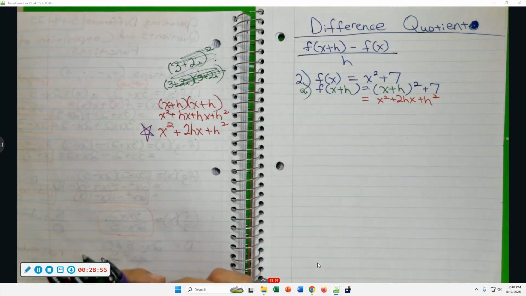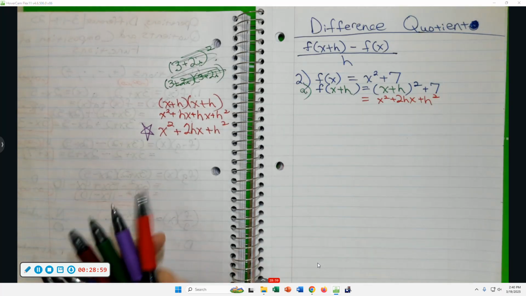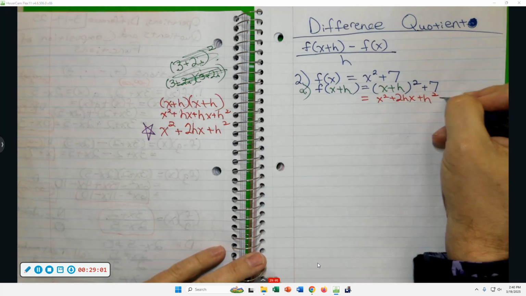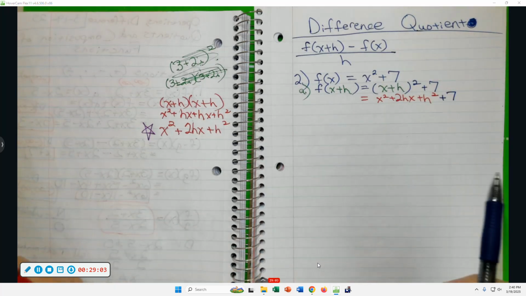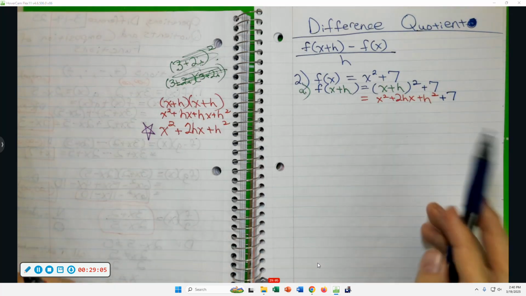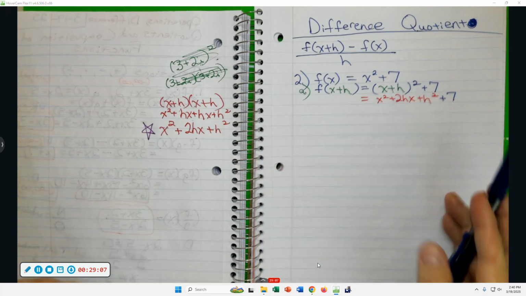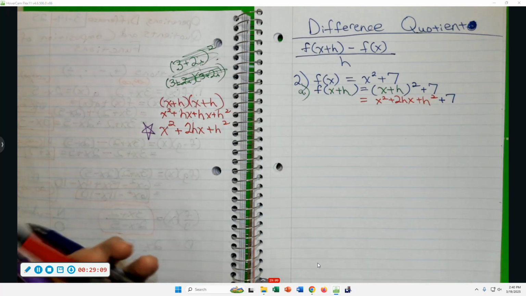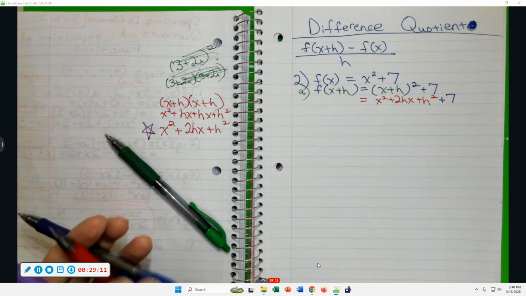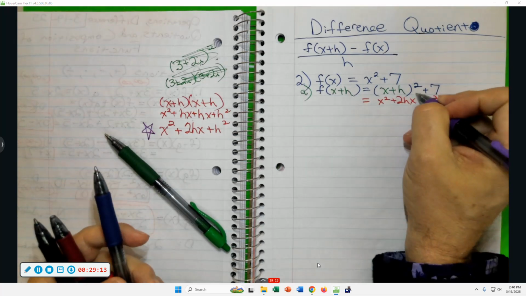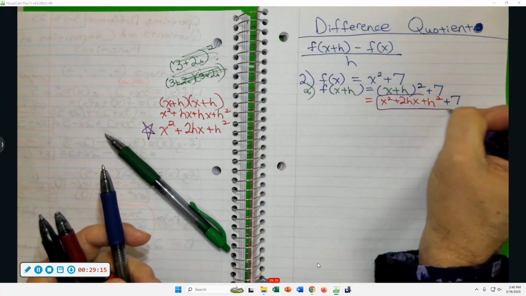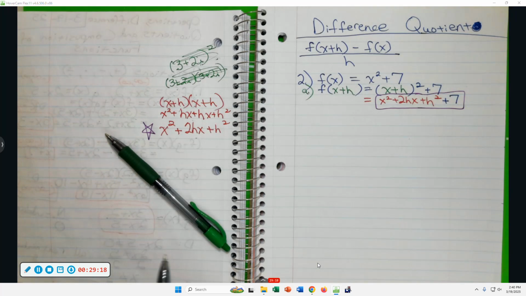What do we still have stuck on there? A plus 7. Generally, this first part is the longest part of the problem. And let me see. I'm going to box this in. Here's my answer for part A: x squared plus 2hx plus h squared plus 7.